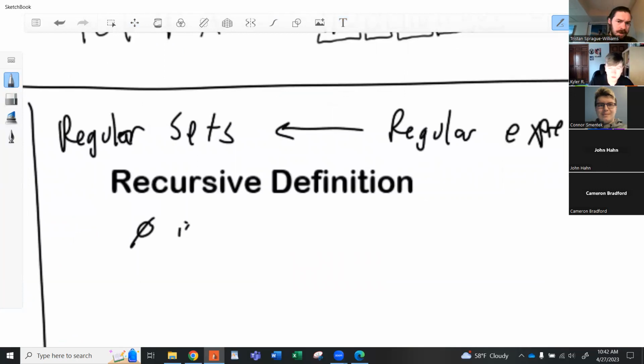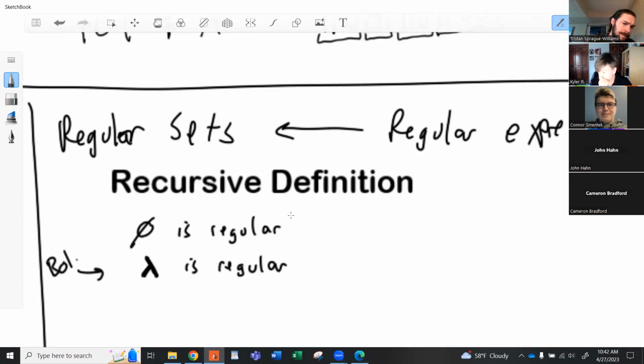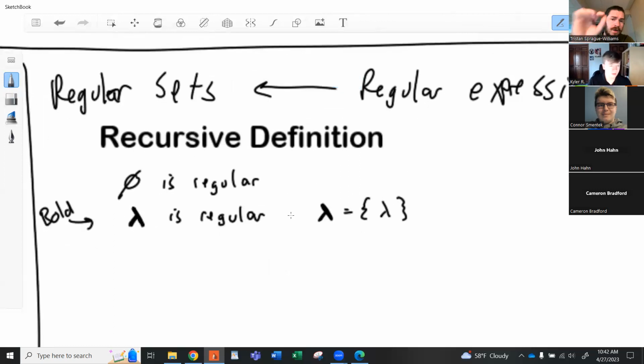The empty set is regular. Lambda is regular. And I want to make clear that this is a bold-face lambda. The bold characters that are used in regular expressions are used to denote a set containing that single string. So a bold lambda would represent the set containing lambda. So that is regular, okay?